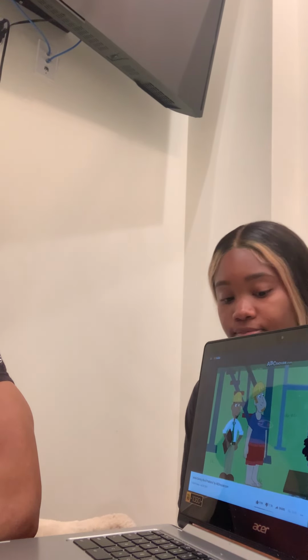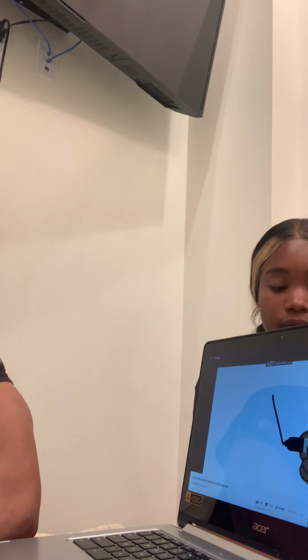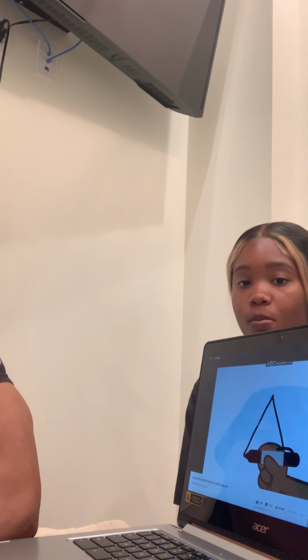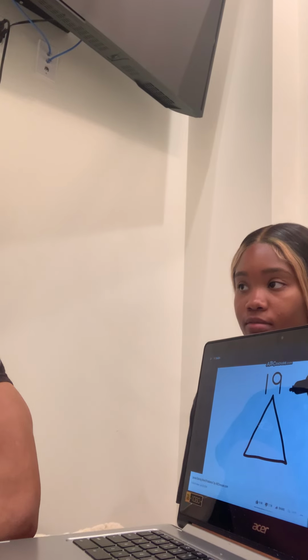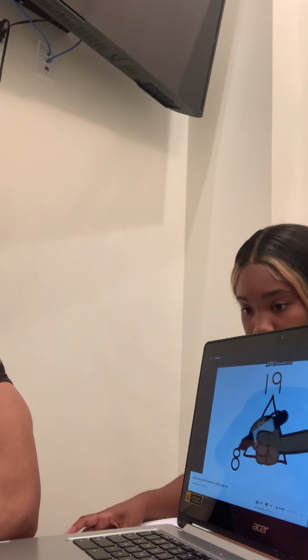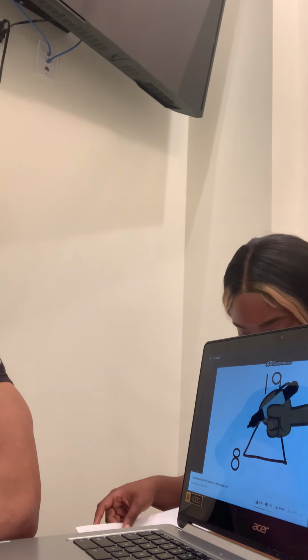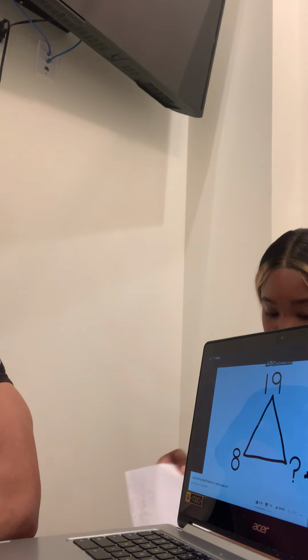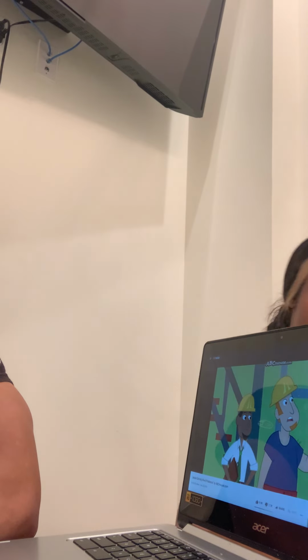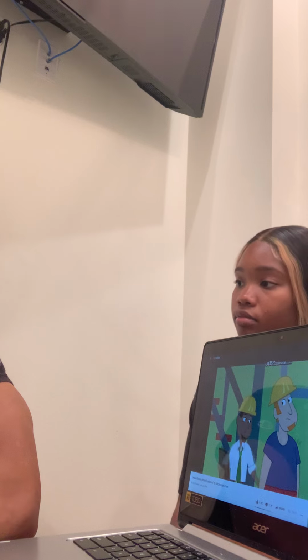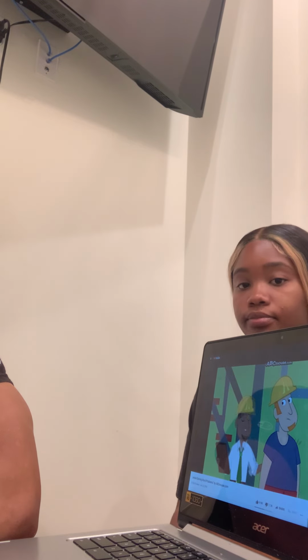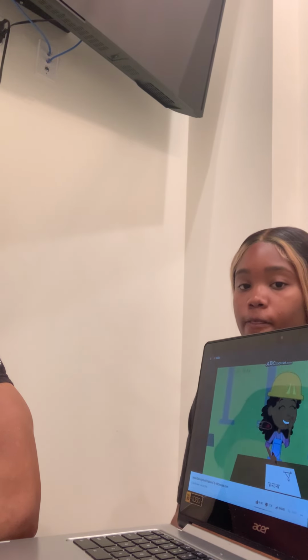Now let's solve it. One strategy for solving number sentences is to use a number family. 19 goes at the top because it's the biggest number. 8 goes in the bottom left corner. And a question mark goes in the bottom right corner. Do we have to build that triangle? If so, we're going to need more beams. Of course we don't. Do we?